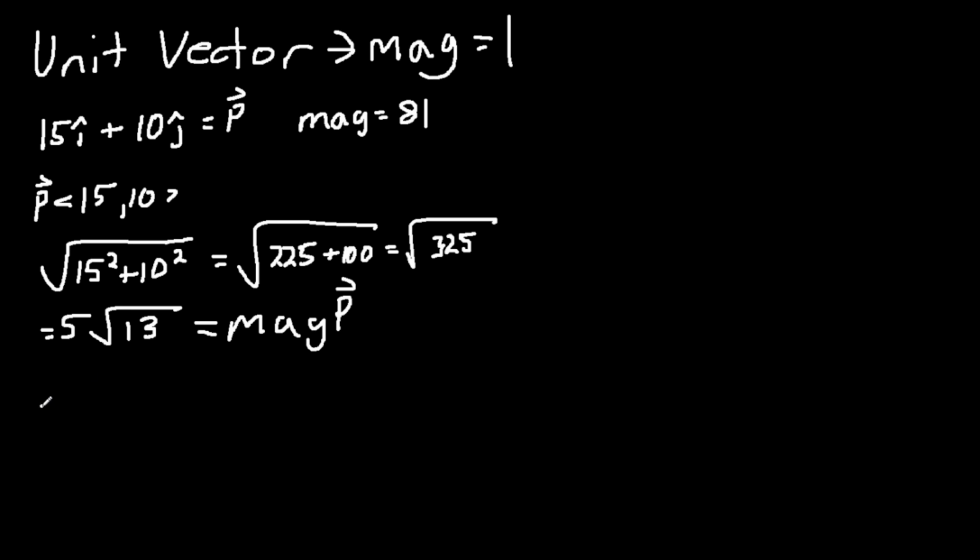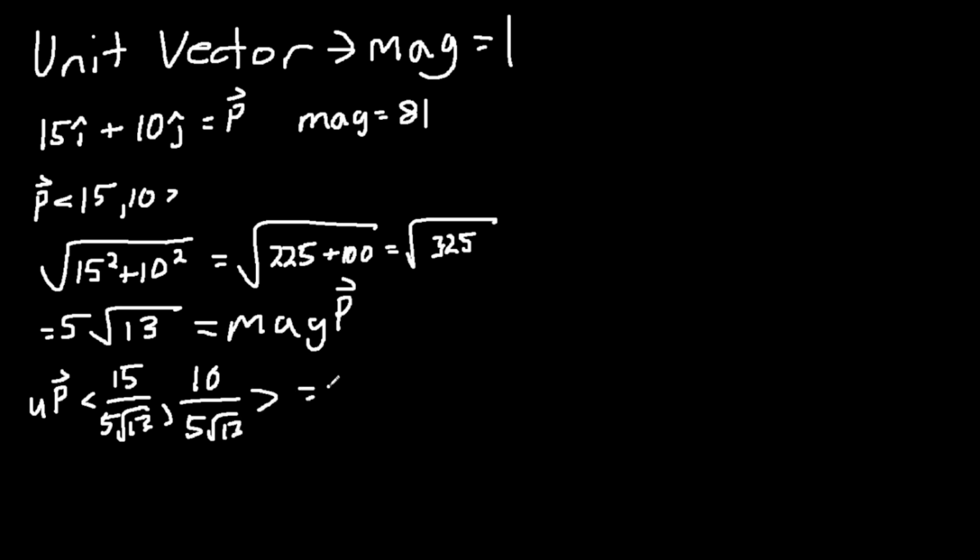So let's find the unit vector for P. The unit vector is the vector divided by whatever magnitude you found. So 15 divided by 5 square root of 13, and 10 divided by 5 square root of 13.